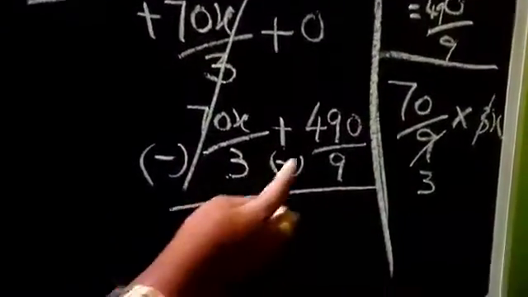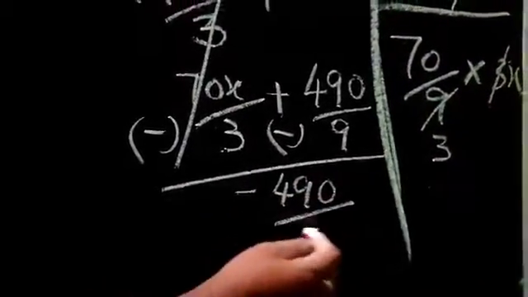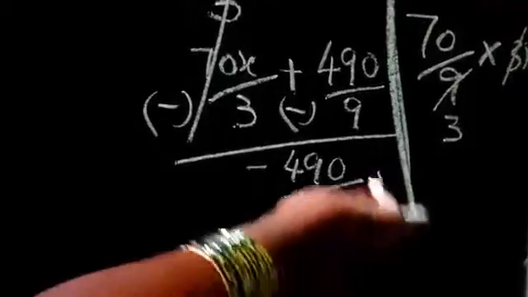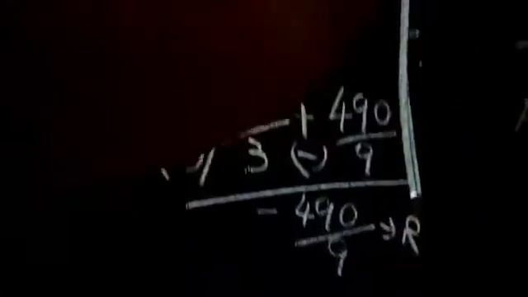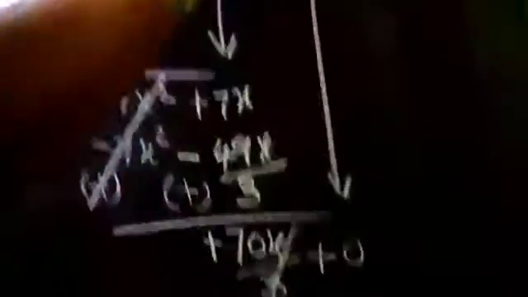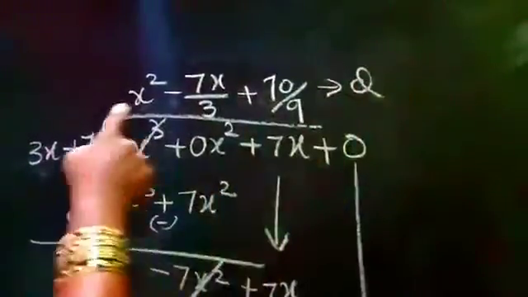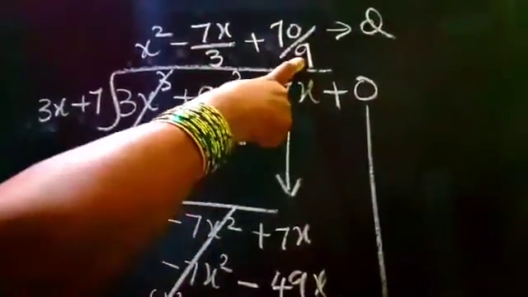So in this place, what is the remainder? Minus 490 divided by 9 is our remainder. Quotient is x square minus 7x by 3 plus 70 divided by 9.